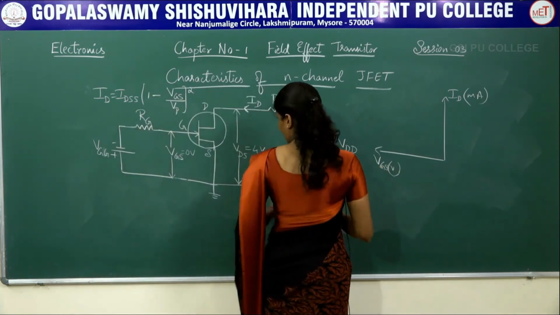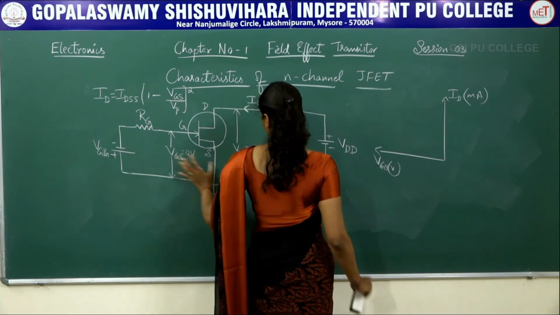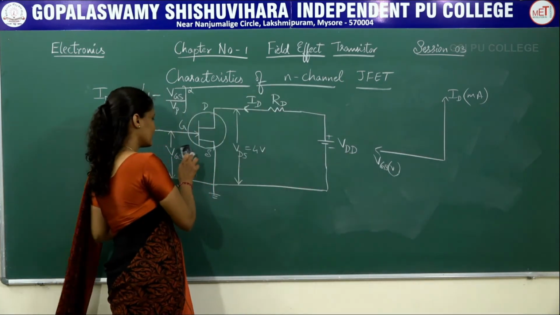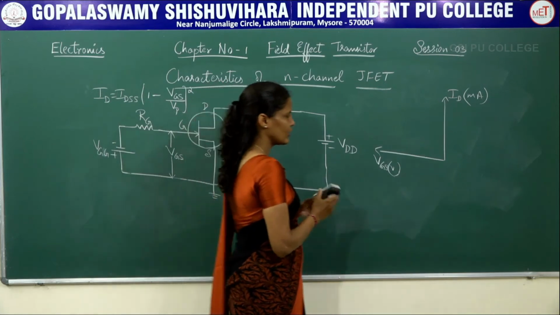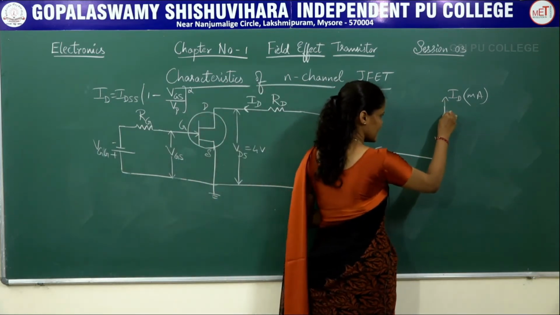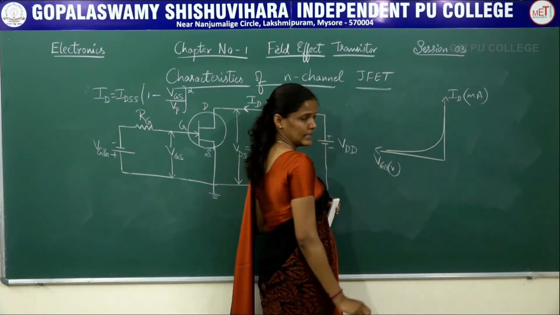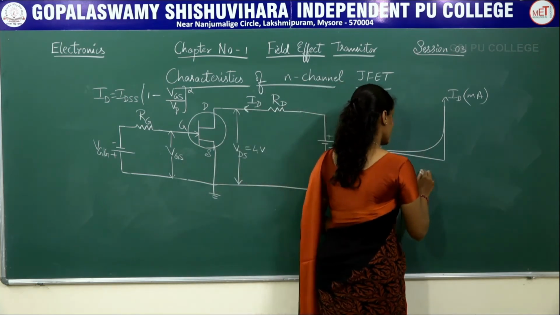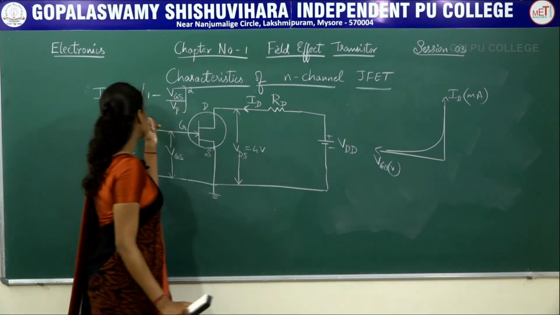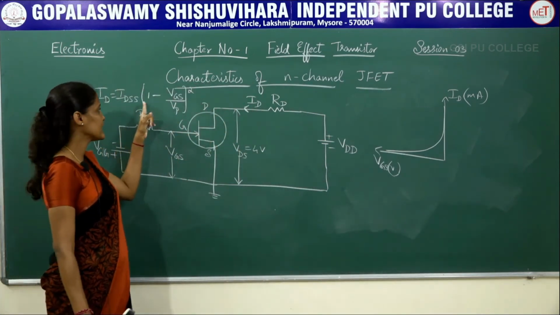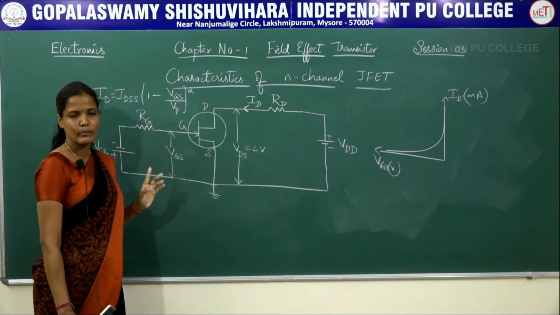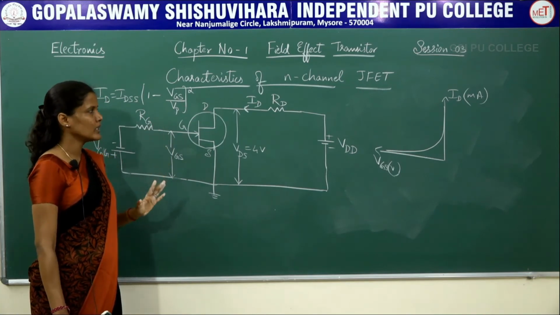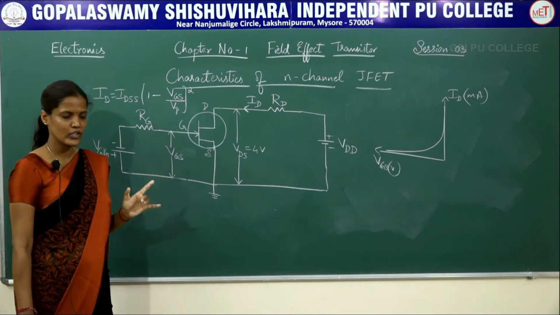Then by varying this VGG, we are going to set this VGS to different voltages. Accordingly, we are going to measure ID, that is the drain current. Then we are going to get a curve like this. And again this will follow the same equation, the Shockley's equation, which will be given by ID equals IDSS of 1 minus VGS by VP whole square. So this is all about the characteristics of n channel JFET.